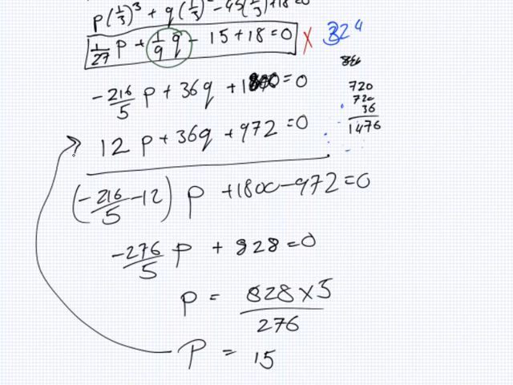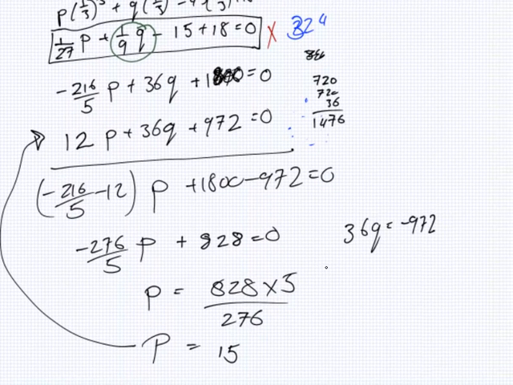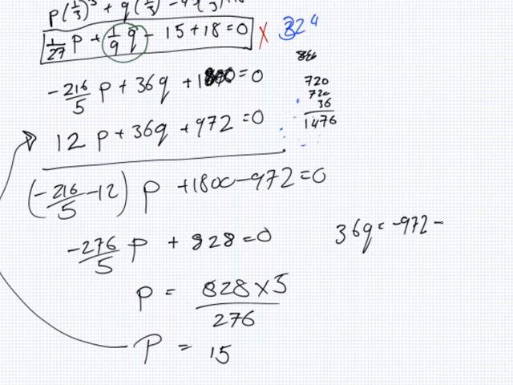We'll just put it in here. So 36q will equal minus 972 minus 12p. So that's minus 972 minus 12 times 15, all over 36.